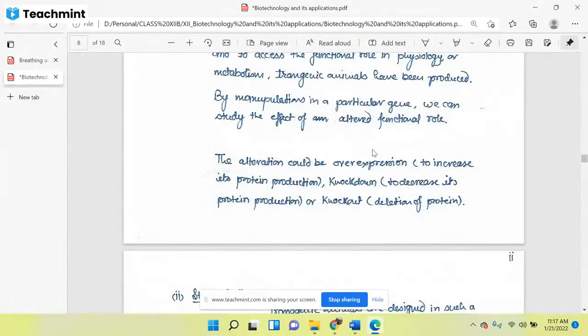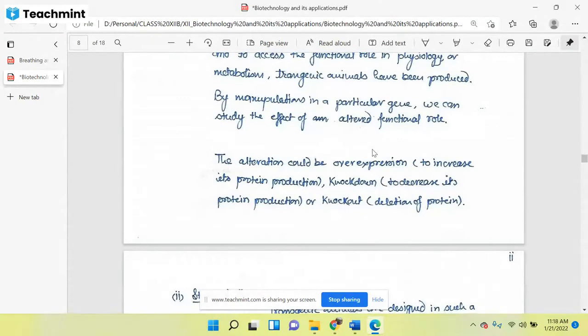Or we can completely delete that particular gene in that transgenic animal. That is called knockout. In a knockout organism or knockout transgenic animal, if we completely delete this gene, we can see its role in the normal physiological process.